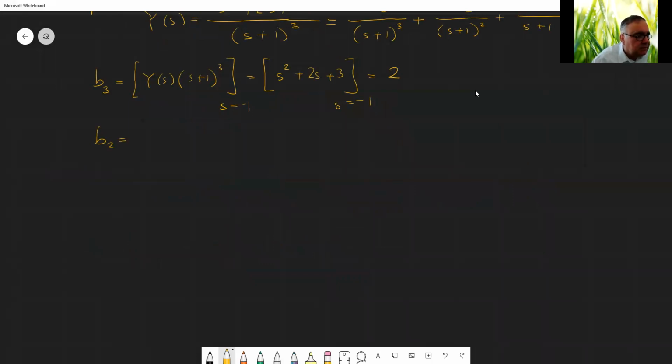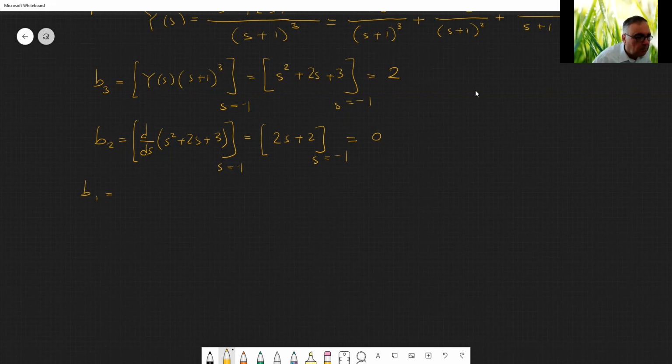B2 is simply the derivative of this: d by ds of s squared plus 2s plus 3, so it is 2s plus 2, which is 0. B1 is one half of the second derivative, which is 2, evaluated at s equals minus 1.